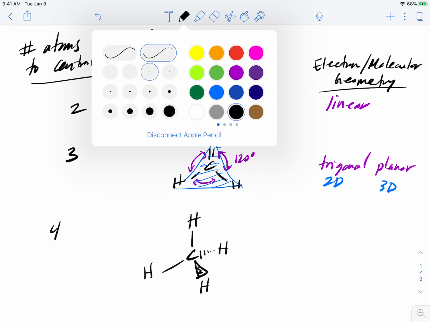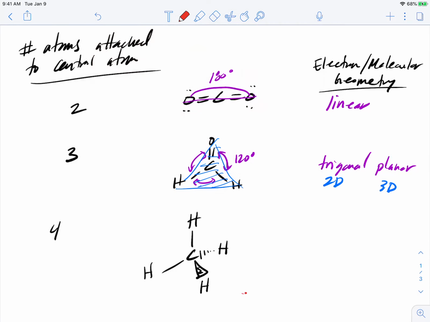Okay. So what we would say here is that this hydrogen is coming out of the screen. So it's coming out at you, and this is going into the screen, getting a little smaller. That's one way of drawing the perspective.